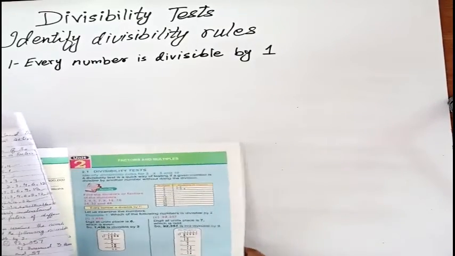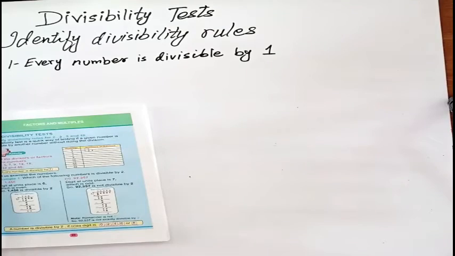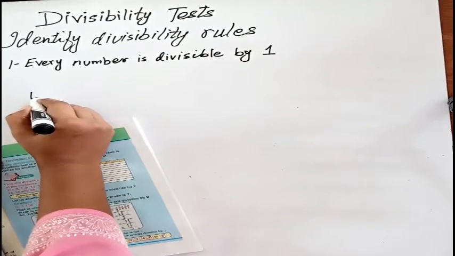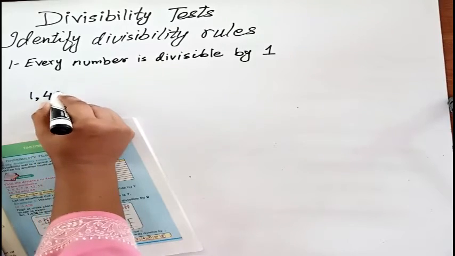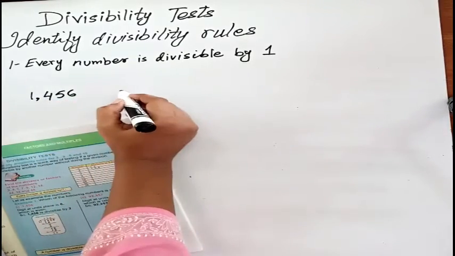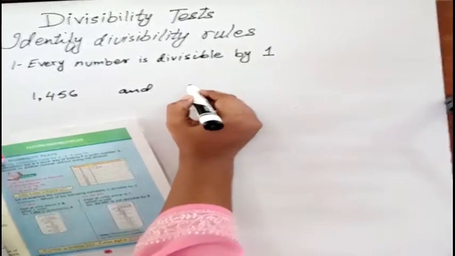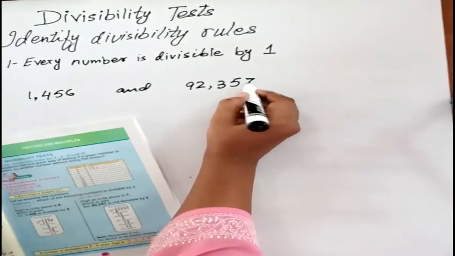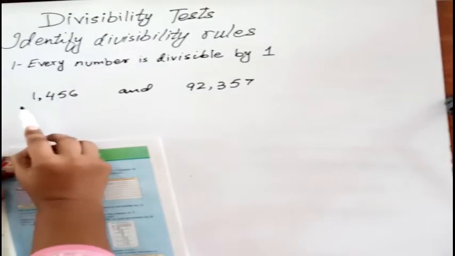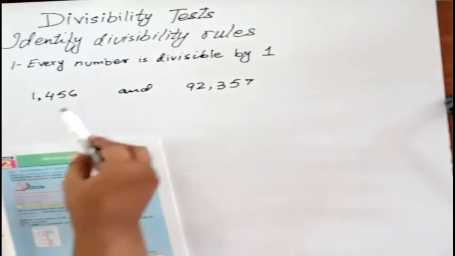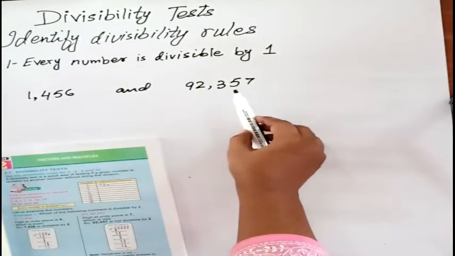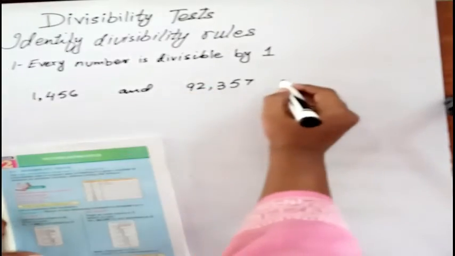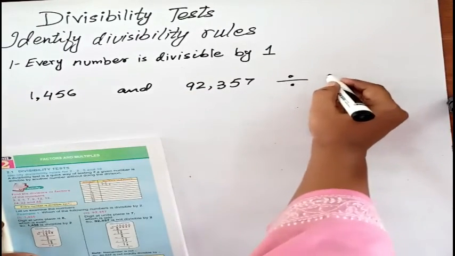So students, the numbers are 1,456 and 92,357. We will divide both of these numbers with 2 first.